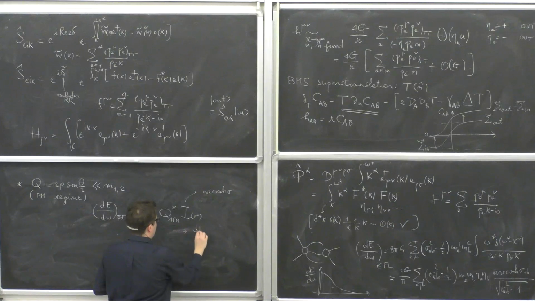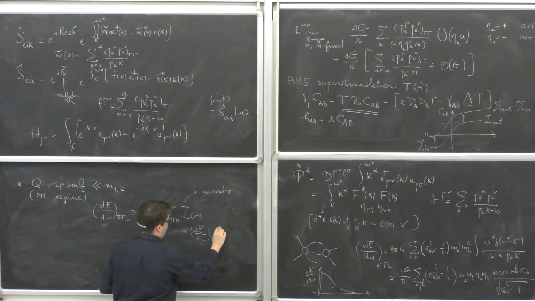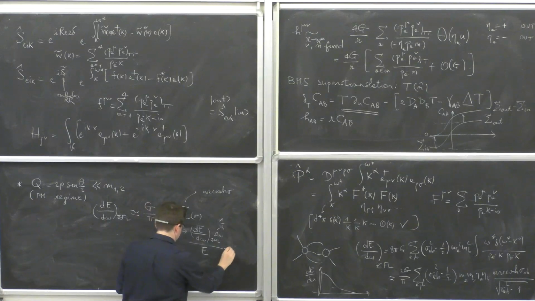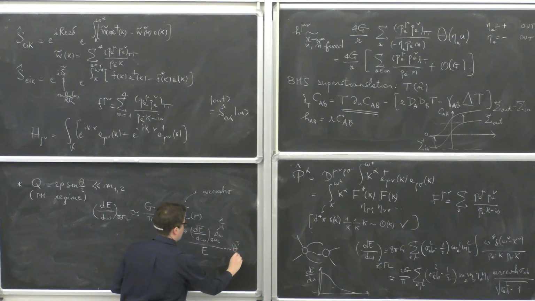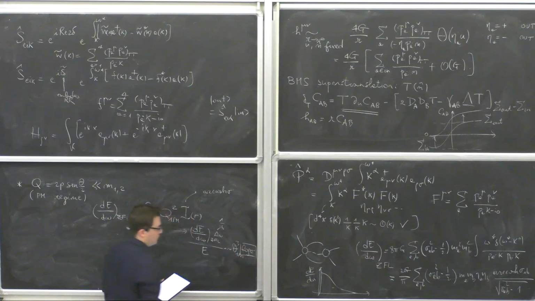So let's say d over d omega ZFL times delta omega, which you can take as order 1 over b, right? Divided by E scales like, well, I guess theta cubed in this case, times log of sigma, which is completely nonsensical, right?